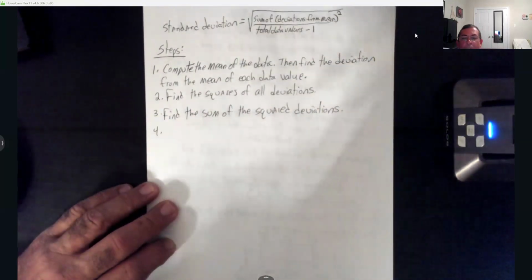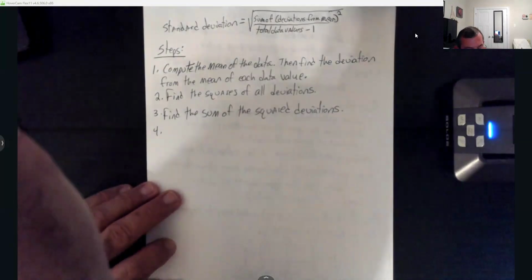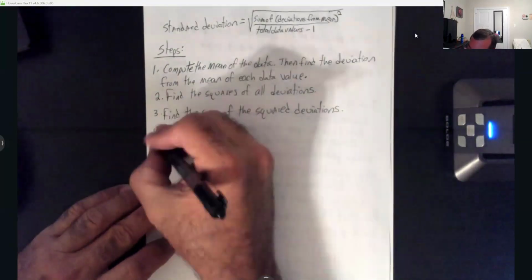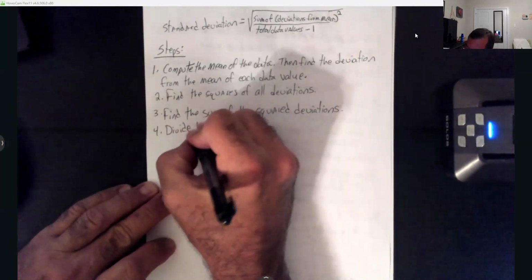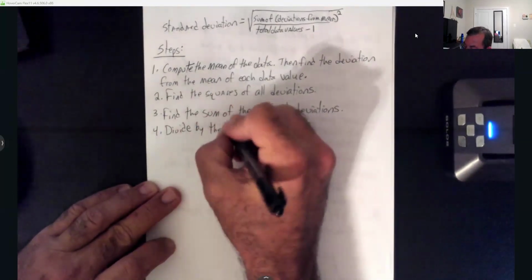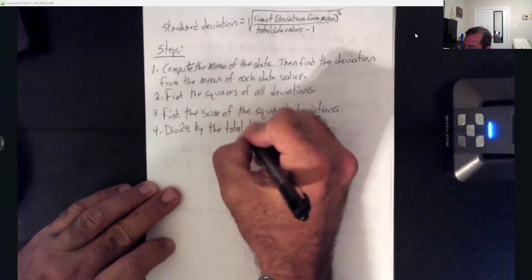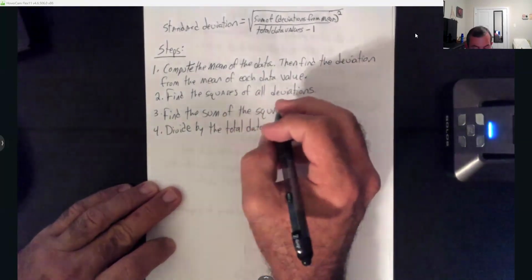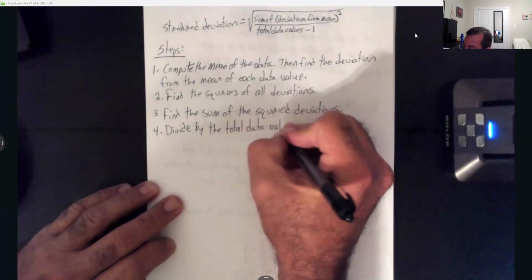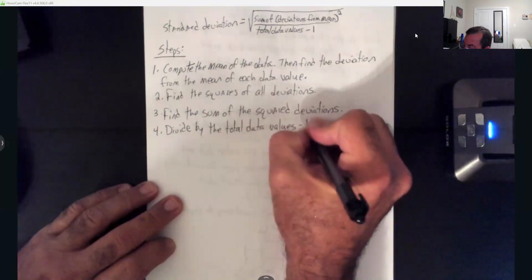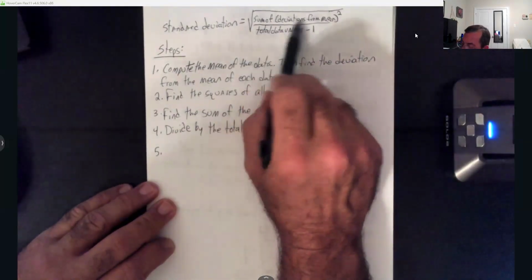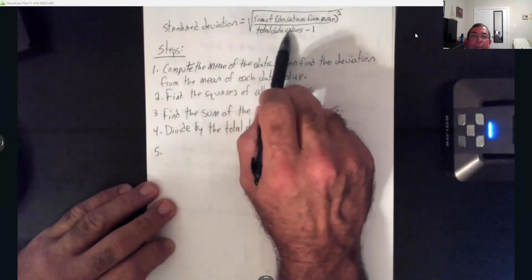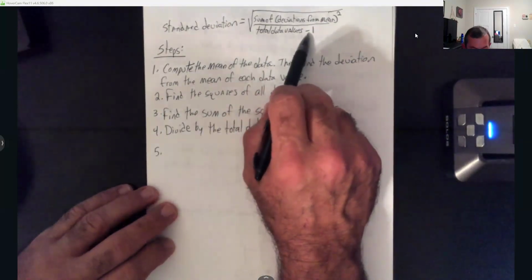All right, so we've added all these squared deviations up. We're then going to divide that by the total data points minus 1. So that's doing this. We added them together. We're now going to divide by the data values minus 1.